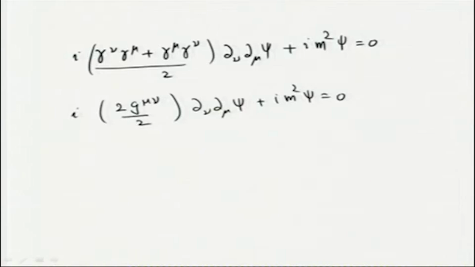The 2 from the first term cancels with the 2 in the denominator. g^μν will raise the index of ∂_ν to μ. So, I have ∂^μ ∂_μ ψ + m² ψ = 0. It is still a matrix equation. So, this actually says that each component of ψ satisfies this equation.